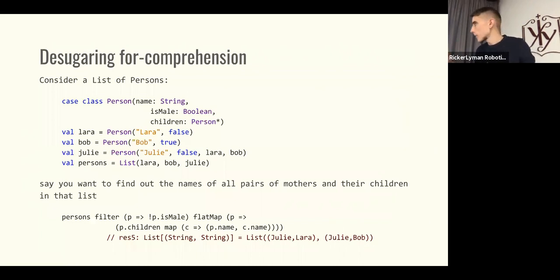So we can do this with the functional combinators like that, basically filtering whether it's female and then returning the children of that person. So this looks okay, but actually it's a little bit hard to read this kind of expression with all these filters and flat maps.